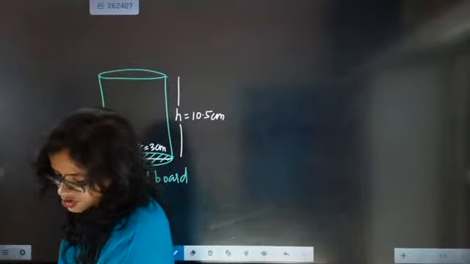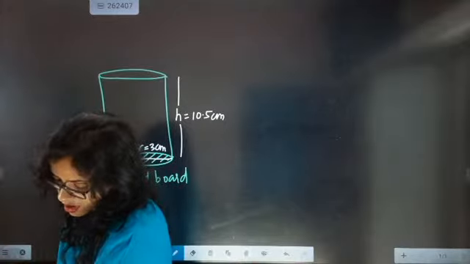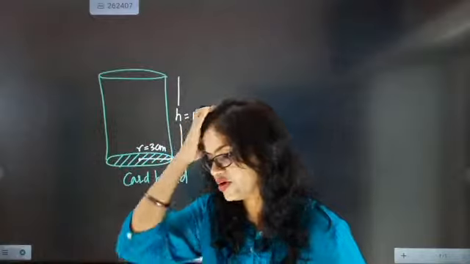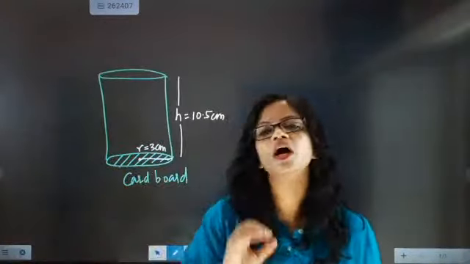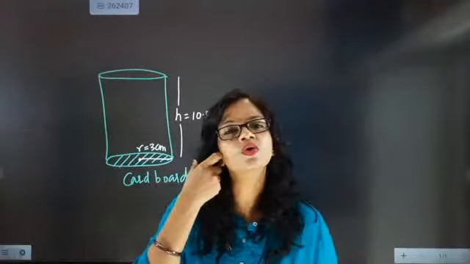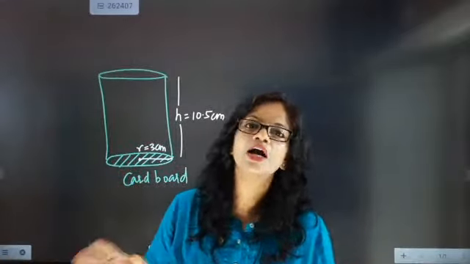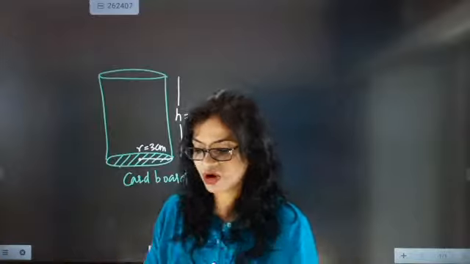The Vidyalaya was to supply the competitors with cardboard. So the school is going to provide the competitors with cardboard. That means the school itself will provide you cardboard, and you have to cut the cardboard and shape it in the form of a cylinder.